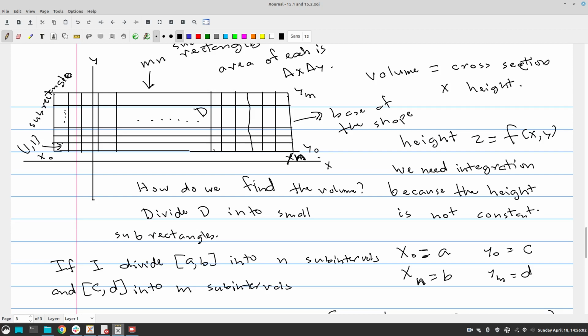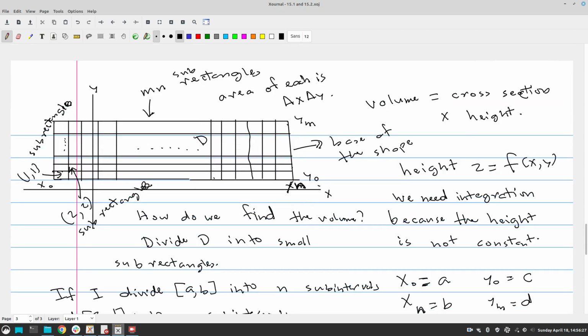This one, for example, is the 2 2 subrectangle, because this is the second x interval and the second y interval.